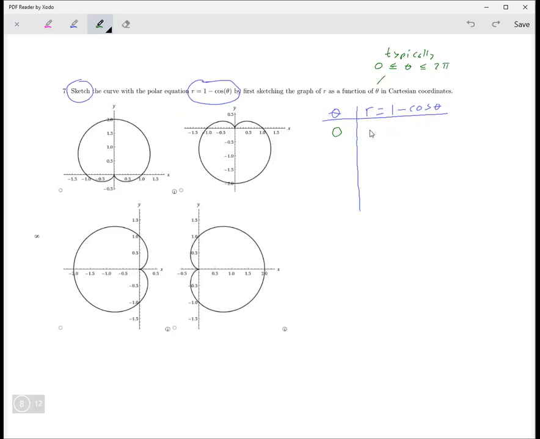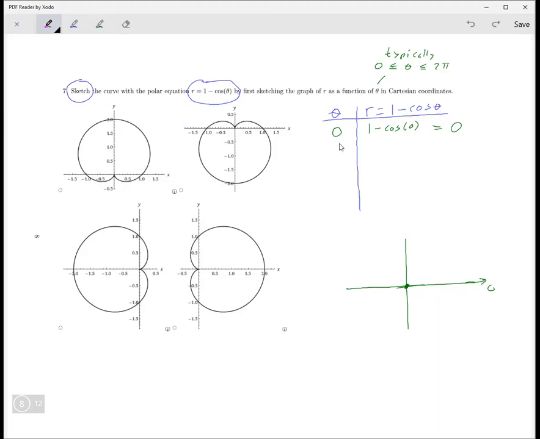So start with 0, and that's going to be 1 minus cosine 0. Now cosine 0 is 1, so that's going to be 0. So you have the point. This is the angle 0 because it's the positive x-axis. Your radius is 0, so that puts you right there.